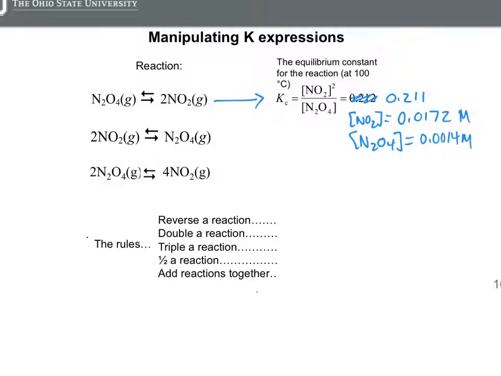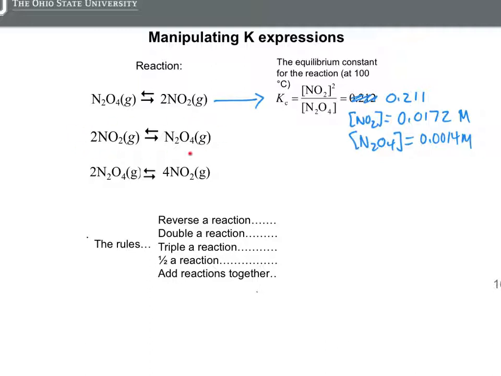So we're going to need to work with these. If you plug these concentrations into this equilibrium expression and solve, you should get 0.211 for the value of K sub C.